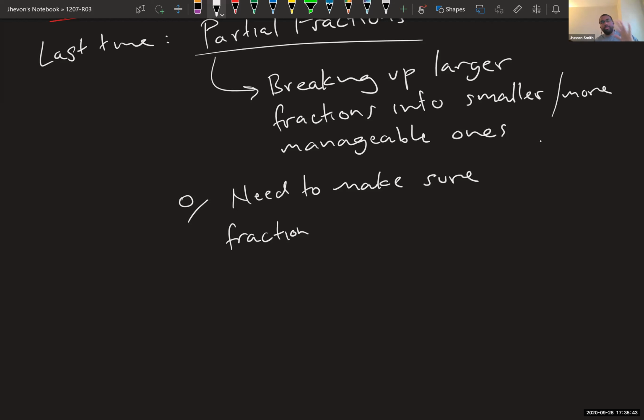Fraction is kind of simplistic, so let me be specific and say rational functions. You do want to have a ratio of polynomials. That's where it's going to work. You need to make sure that the rational function is proper.